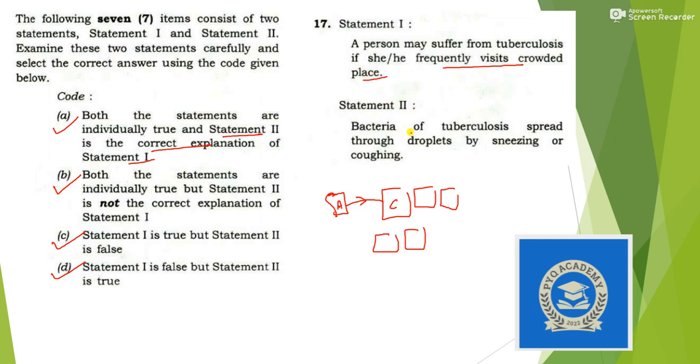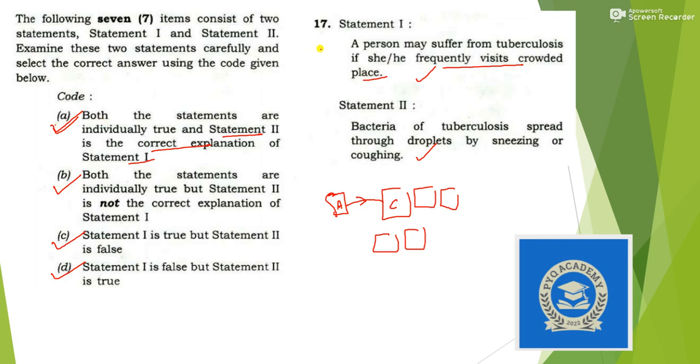Then, bacteria of tuberculosis spread through droplets by sneezing and coughing. This is also correct, and this is the correct explanation of statement 1, because it spreads through droplets so that a person can get affected in a crowd. So both the statements are true, and statement 2 is the correct explanation of statement 1. So our answer is option A.